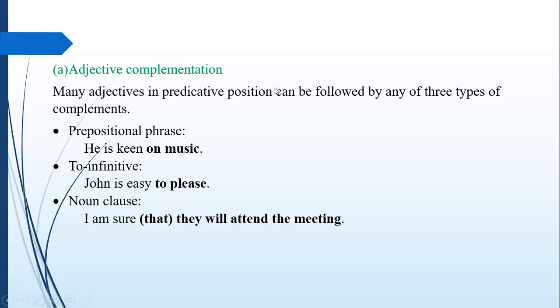Predicative, يعني الصفة في حالة الخبر, when it is a subject complement or an object complement. Here I'm talking about adjectives which are in the subject and object complement. They can be followed by any of three types of complements.